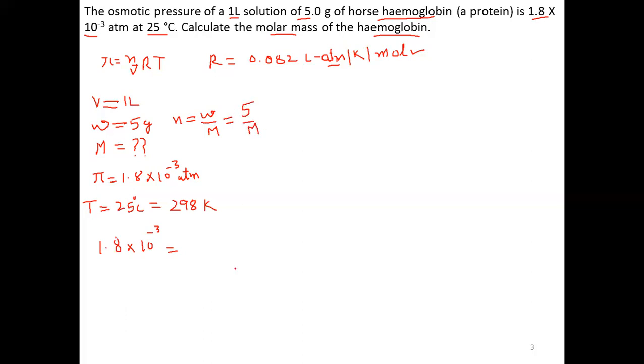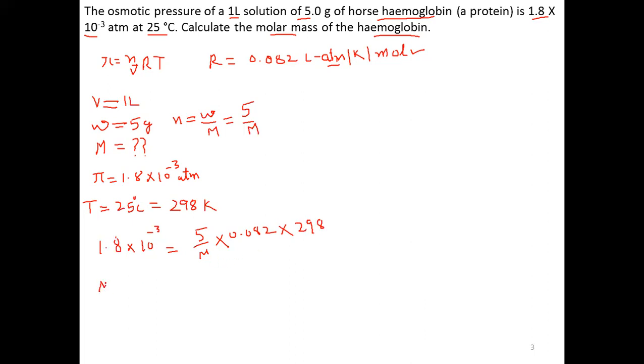So it is 5 by M. Volume is 1, so no need to write, divided by 1, it will remain same. 5 by M into R, 0.082 into 298 Kelvin. So this is the value.